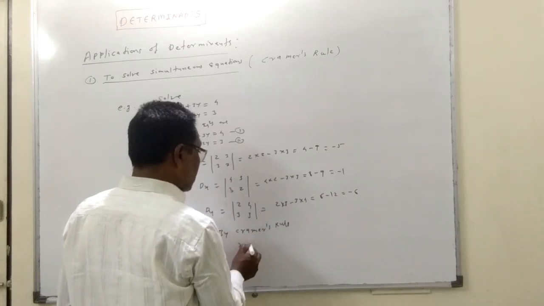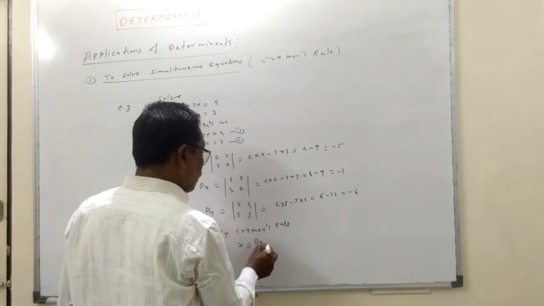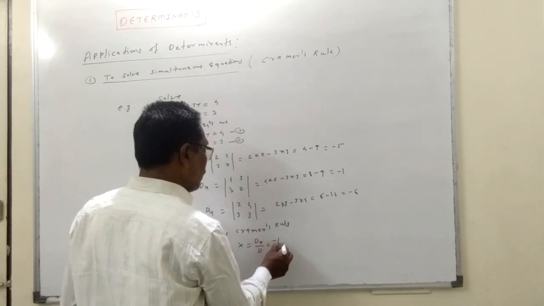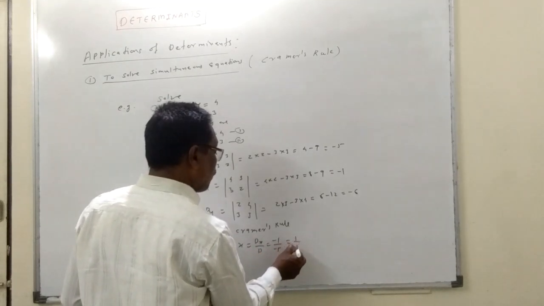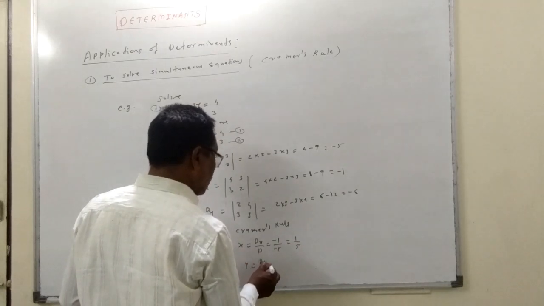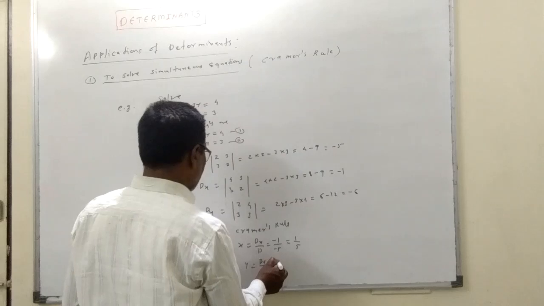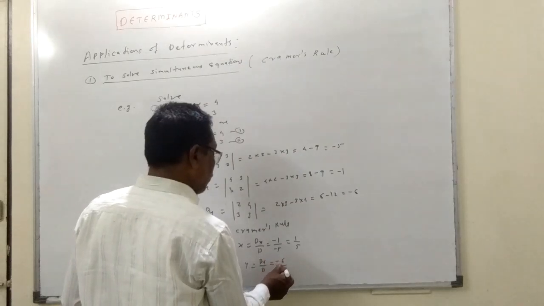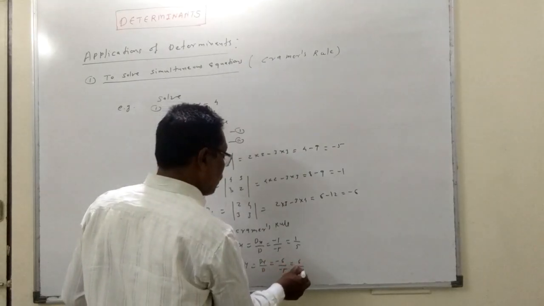By Cramer's rule, x is equal to dx upon d. So that is equal to minus 1 upon minus 5, so 1 upon 5. Y is equal to dy upon d, so minus 6 upon minus 5, so 6 upon 5.